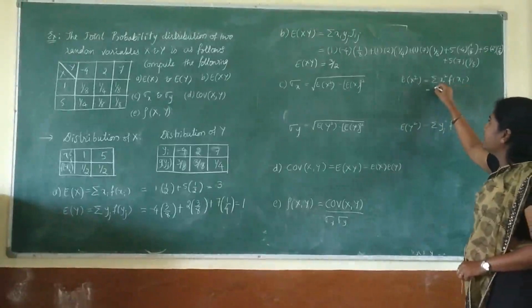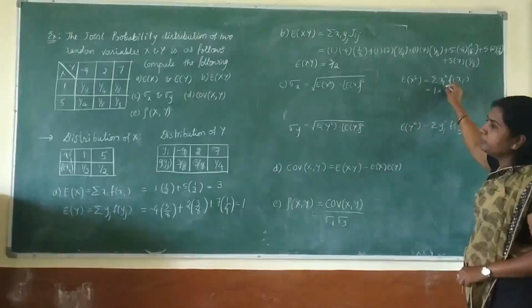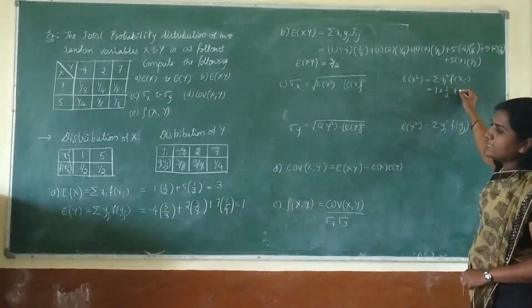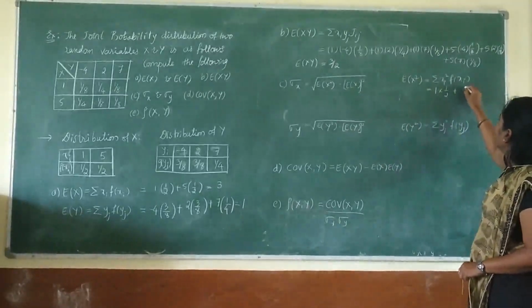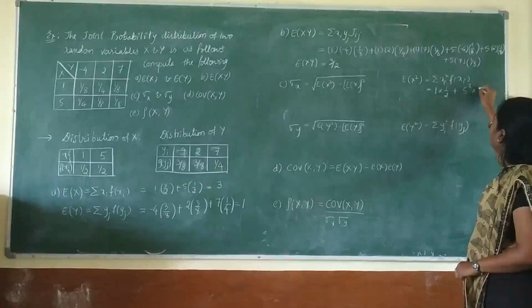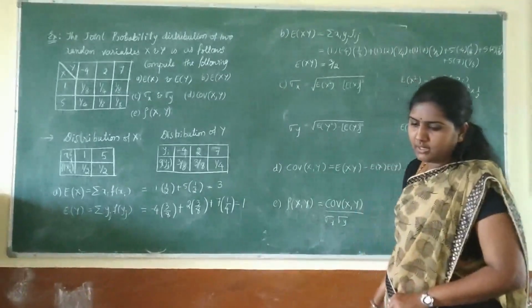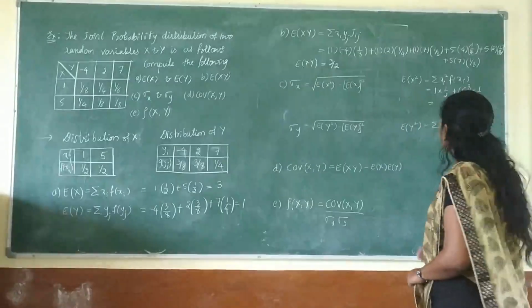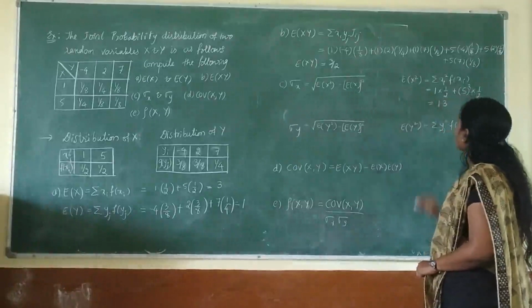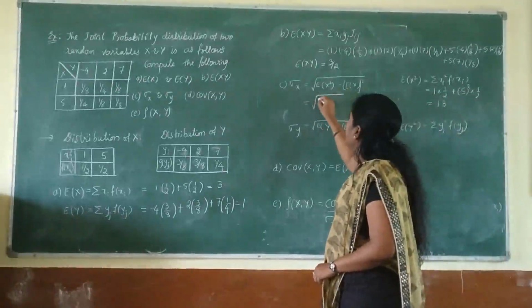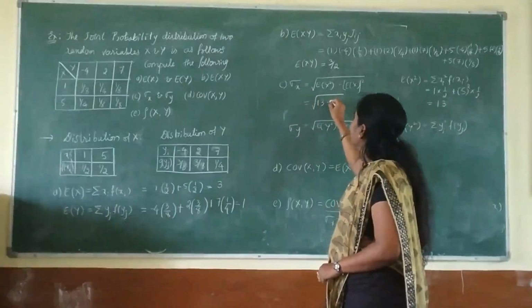First xi is 1: 1 into 1 by 2 plus 5 square into 1 by 2. Simplify this one. We are going to get this as 13.